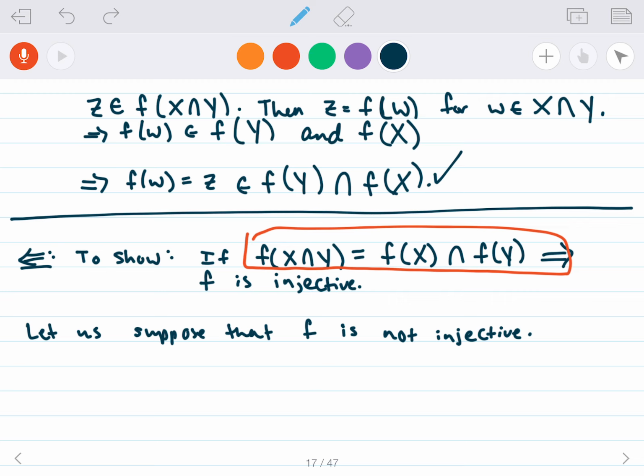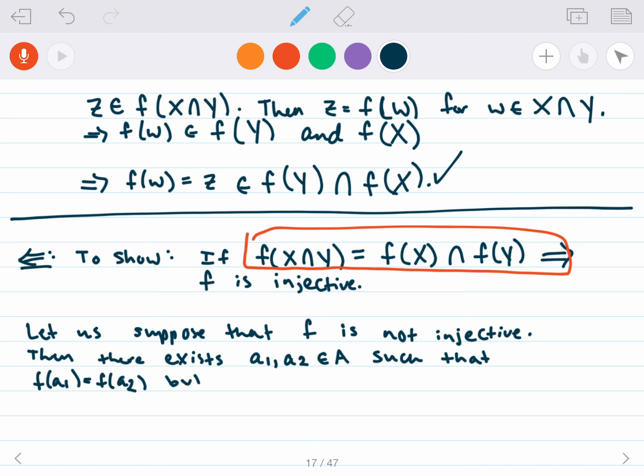Well, that means there exist elements a1, a2 in A such that f of a1 equals f of a2, but a1 is not equal to a2. So that's what it means to not be injective. We have some elements that fail this one-to-one property.